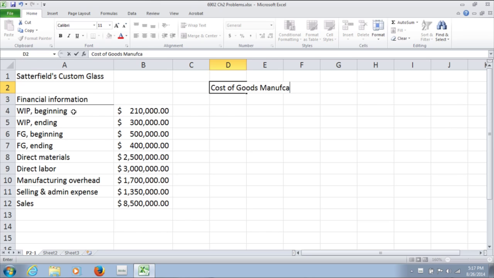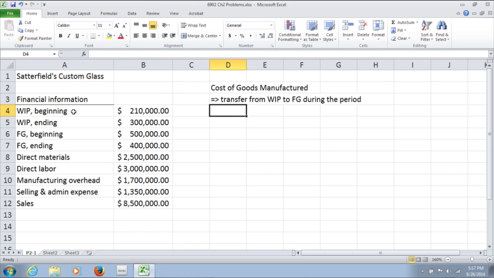But the idea here is cost of goods manufactured. What we want to think about is what data do we use over here to calculate the cost of goods manufactured. What this really is, is the transfer from work in process to finished goods during the period.